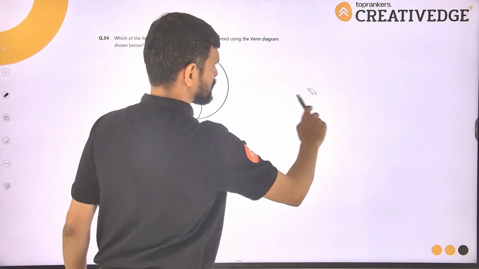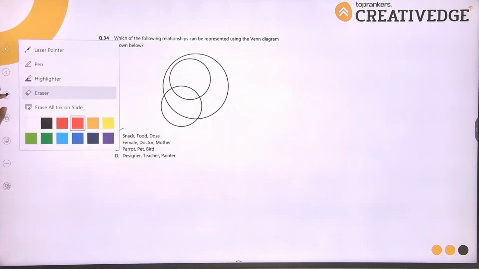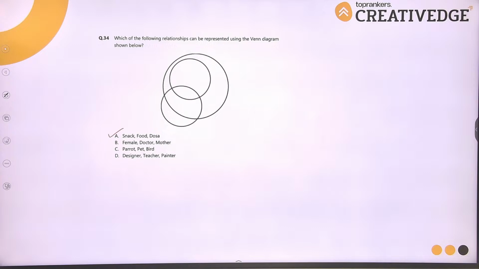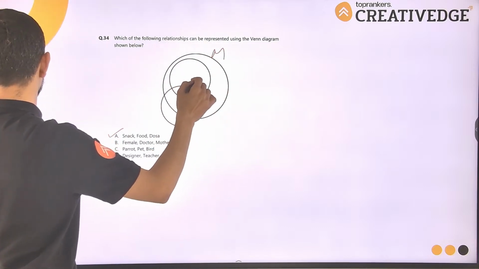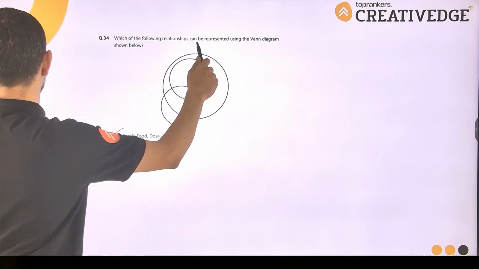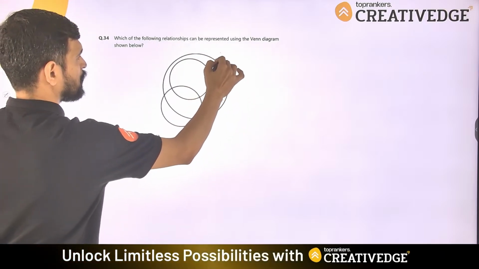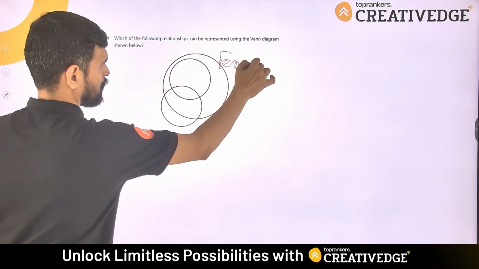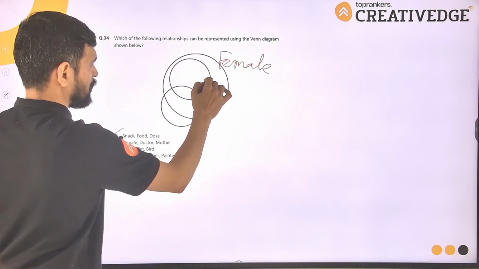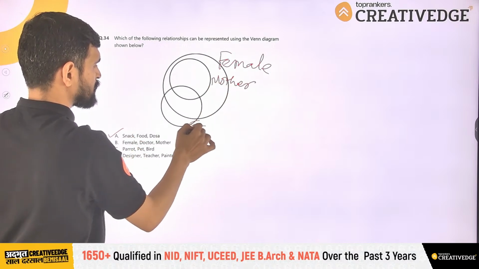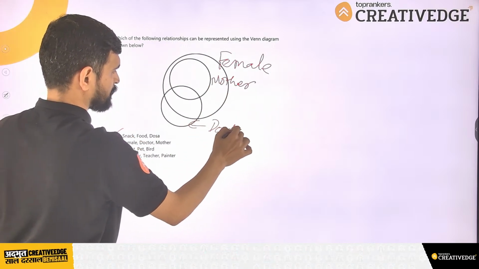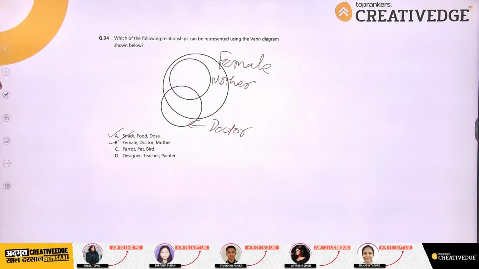Option B, female, doctor, mother. So this outer circle could be female. This inner circle could be mother, and this circle could be doctor. So this is again valid.